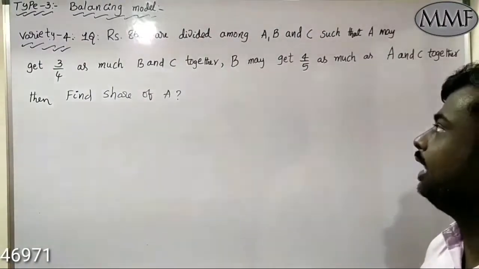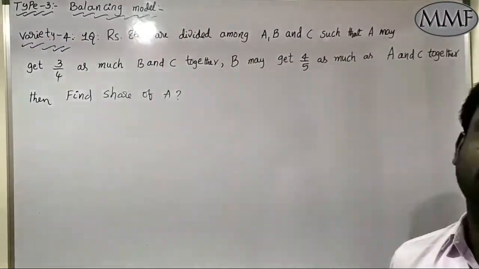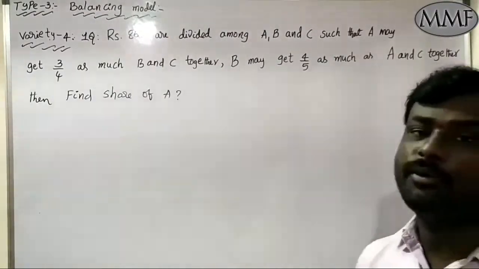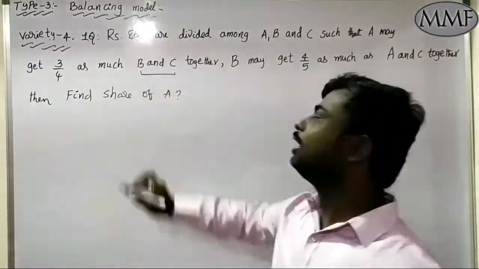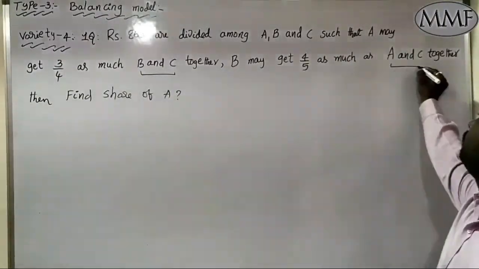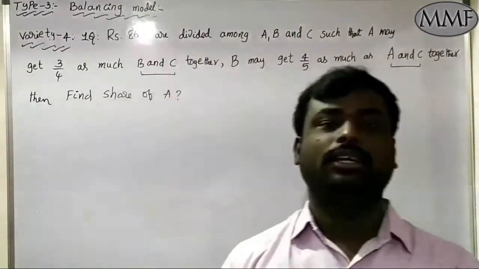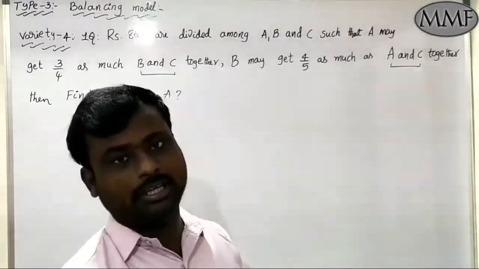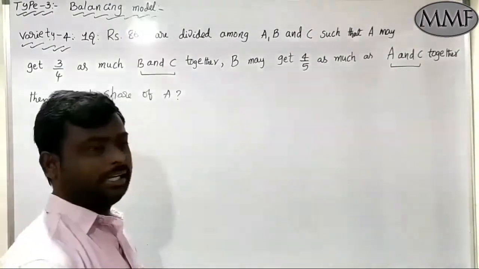Rupees 868 are divided among A, B, C such that A gets 3/4 of, this is important, 3/4 of what here? B and C, and B gets 4/5 of A and C together. If you want to go with the usual procedure for this type of question, it is very difficult, but we will solve it with very easy logic.